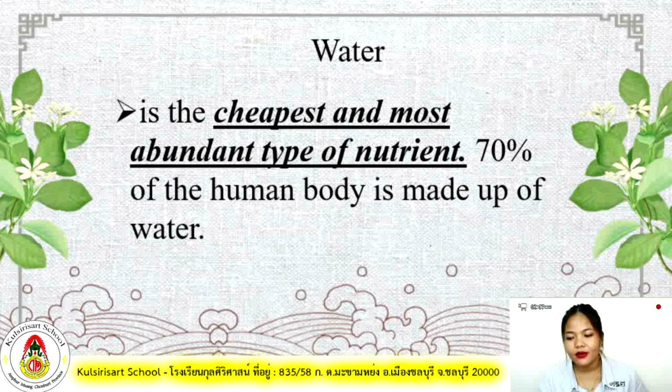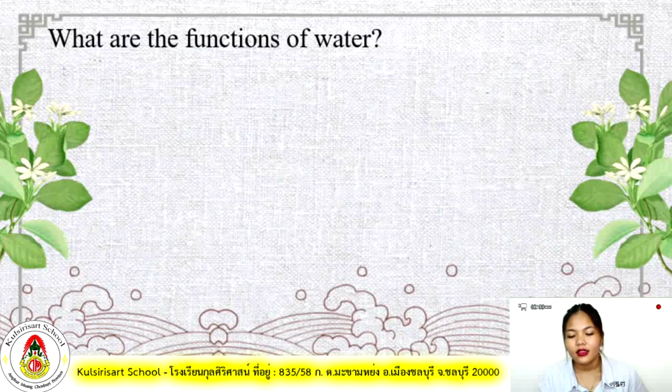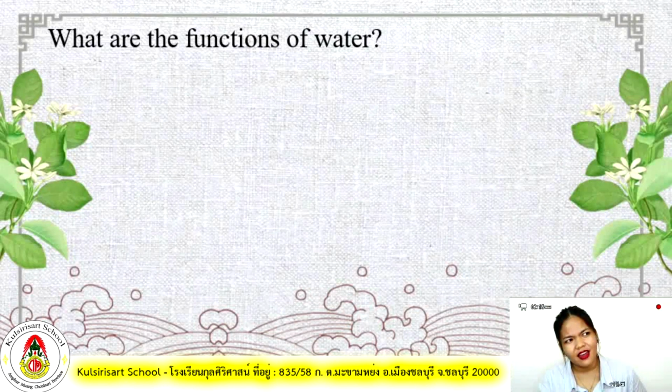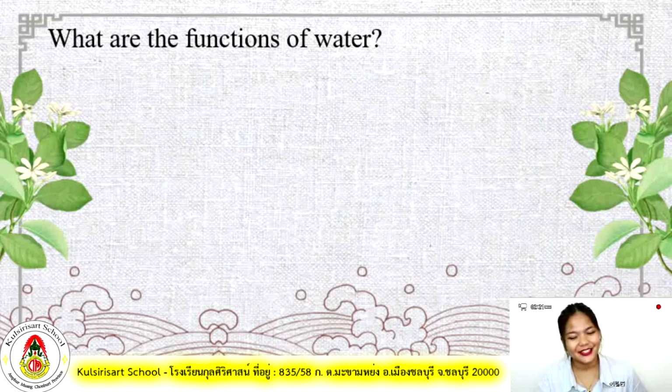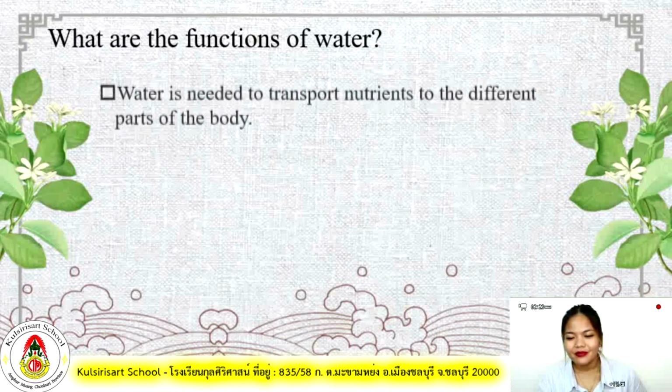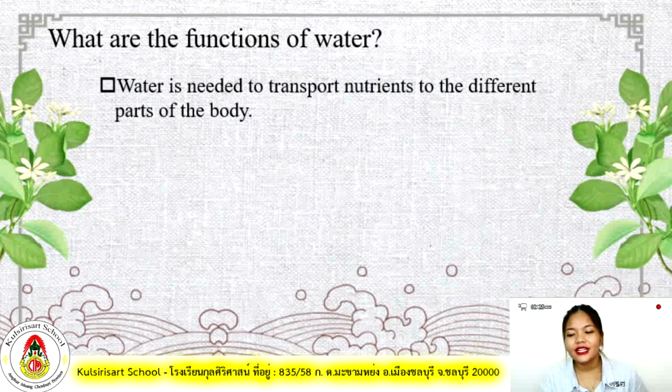Now, I have prepared here the different functions of water. Have you ever wondered what is the use of water in everyday life? Why do we have water and why do we drink water? Here is the explanation. The first one, water is needed to transport nutrients to the different parts of the body.